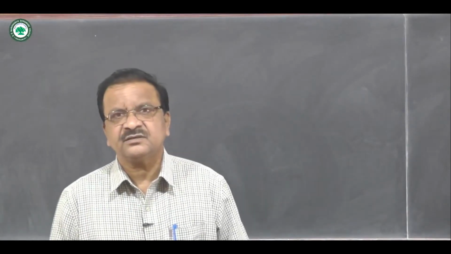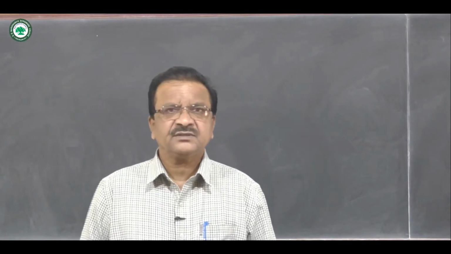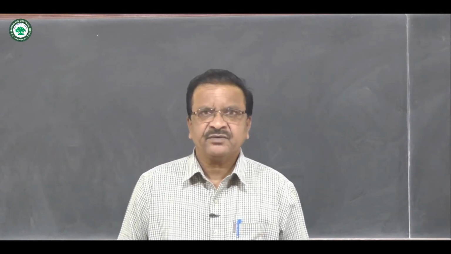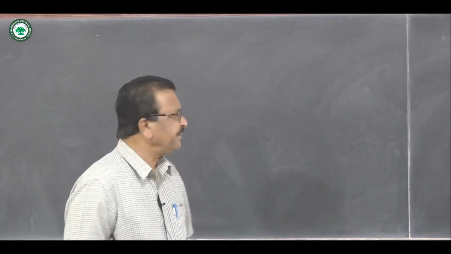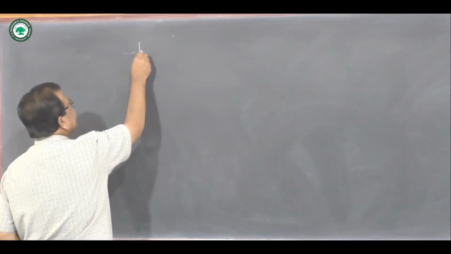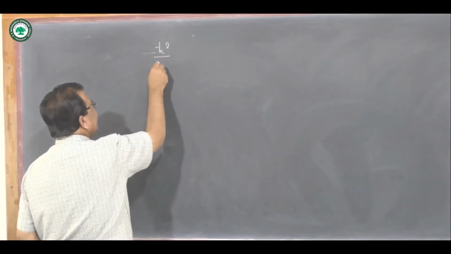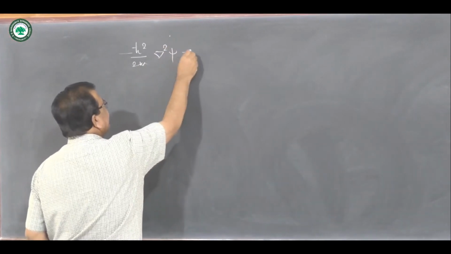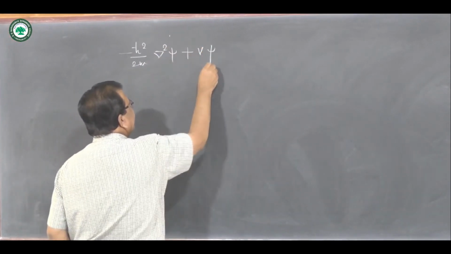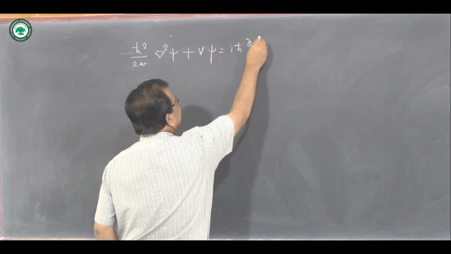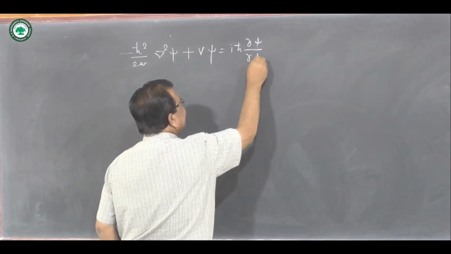In the last lecture, we derived Schrodinger's time dependent wave equation, which in 3 dimensions can be stated as minus h cross square upon 2m del square psi plus V psi equal to i h cross dabba psi by dabba t.